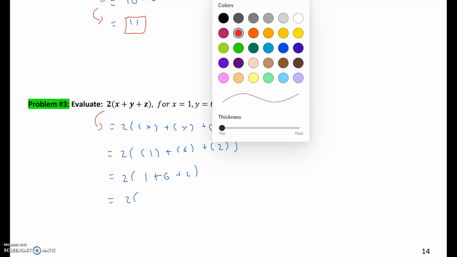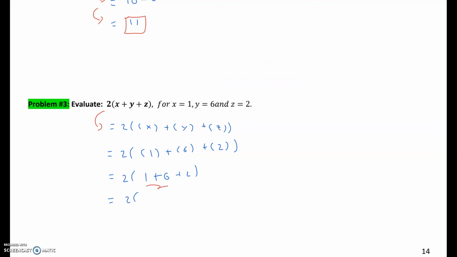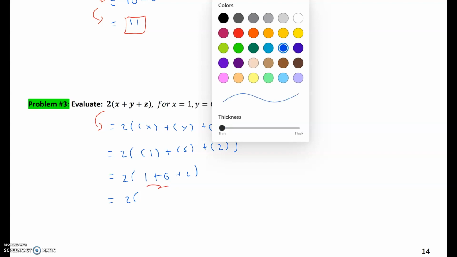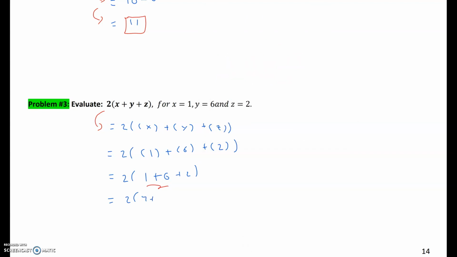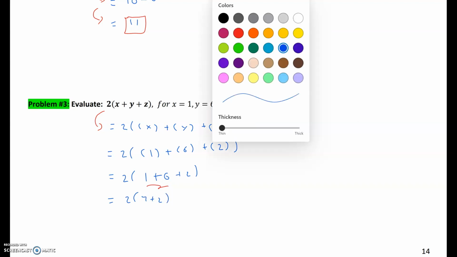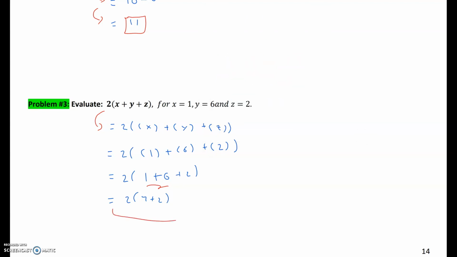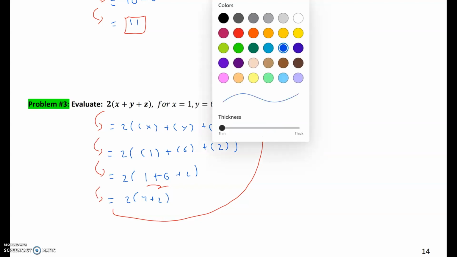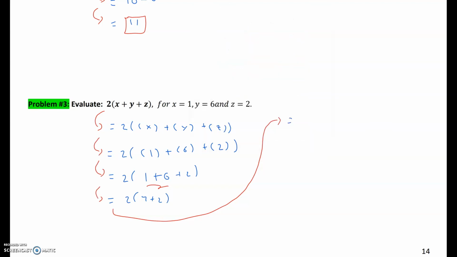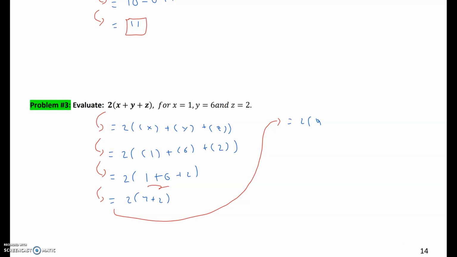Or this is equal to 2 times, and I'm just going to add them from left to right. 1 plus 6 is equal to 7 plus 2. And then let me move the steps here. So our original expression is going to be 2 times the values of 9.